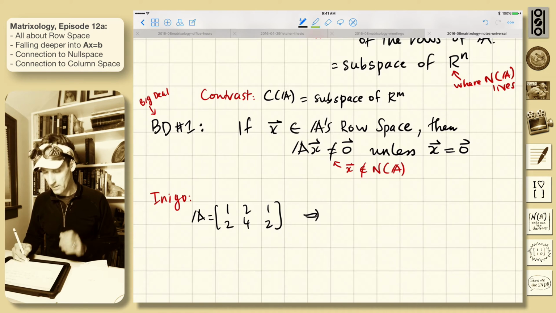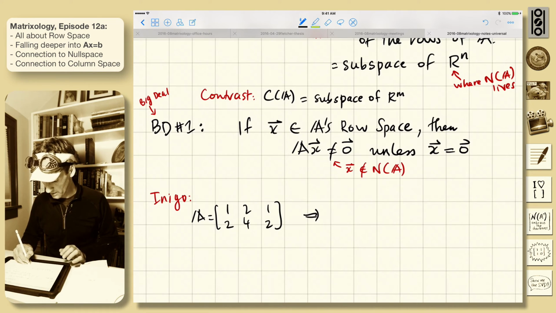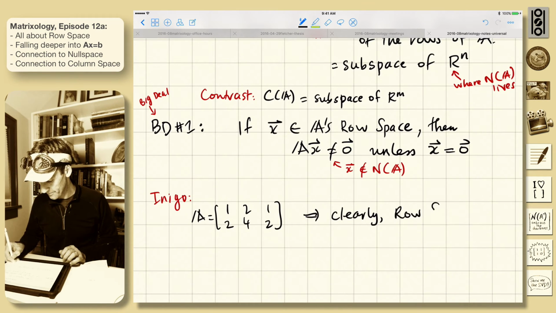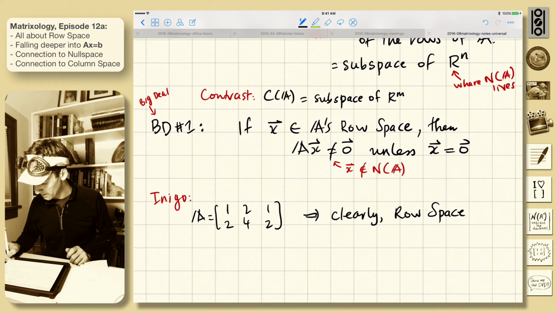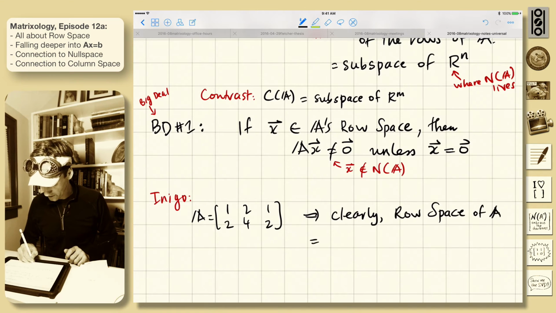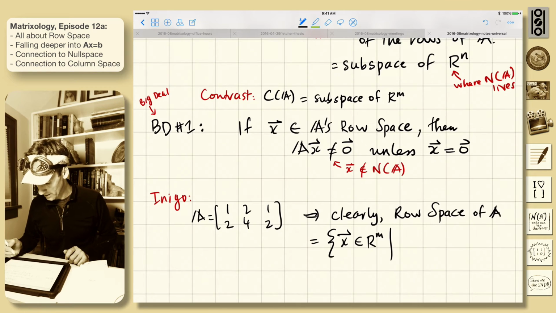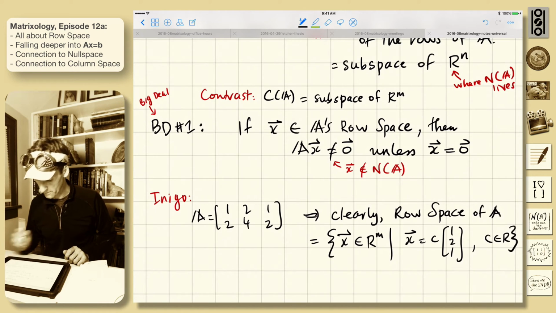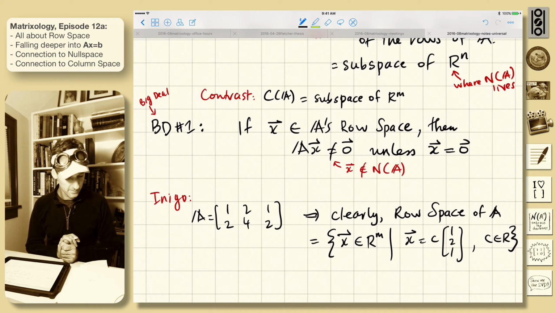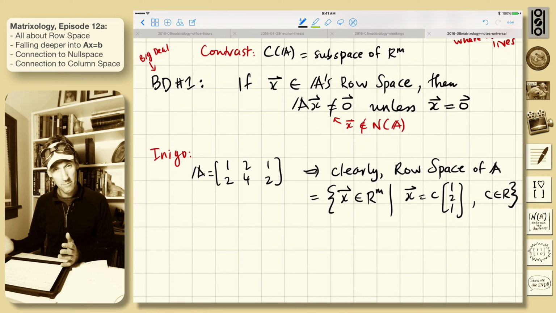Clearly, dangerous word, the row space of A, because the second row is a multiple of the first row, is actually just equal to all x in R^3 such that x is some constant times (1, 2, 1), where c is an element of the real numbers.